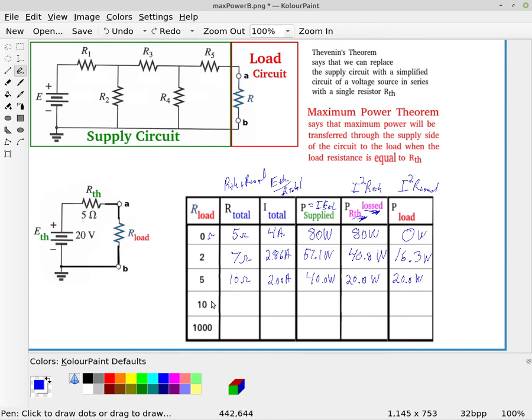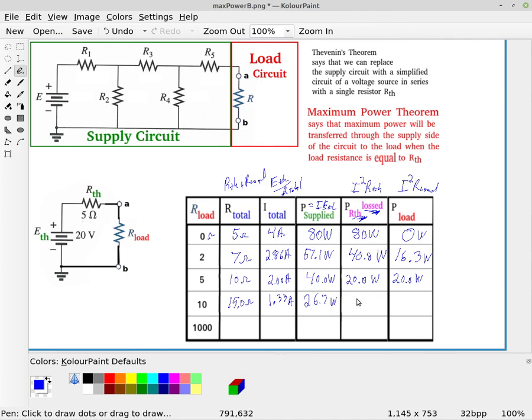All right, let's look at the next case here where the load resistance is 10 ohms, which gives me a total resistance of 15 ohms. And therefore my current has now dropped even further. It's going to drop down to 1.33 amperes. The power supplied then becomes 1.33 squared times the 20 volts, which gives us 26.7 watts.